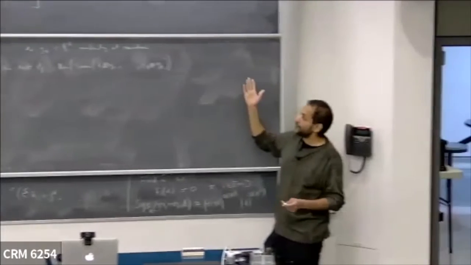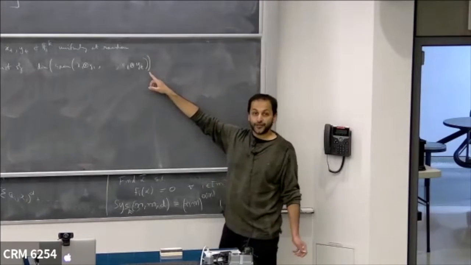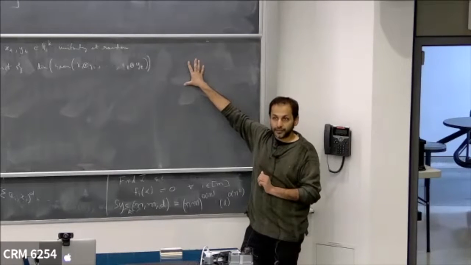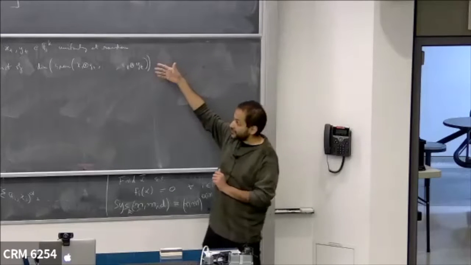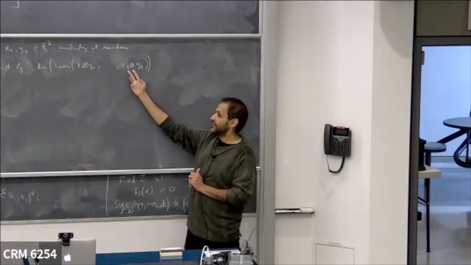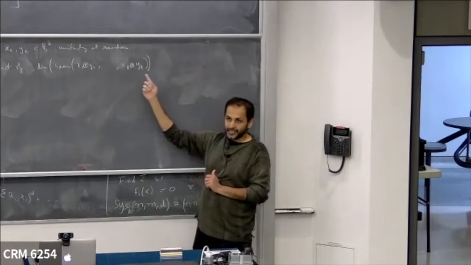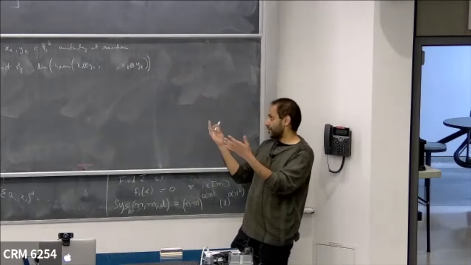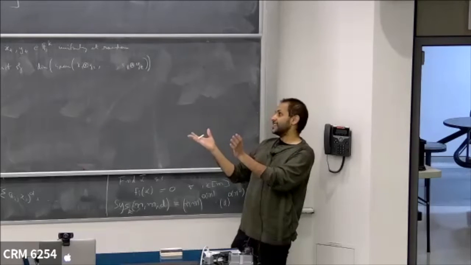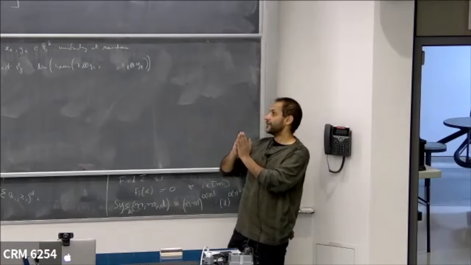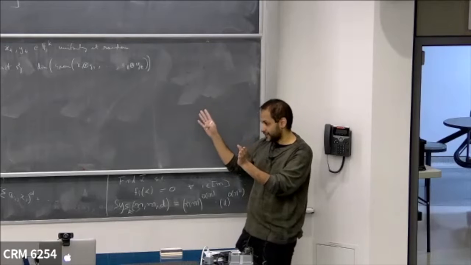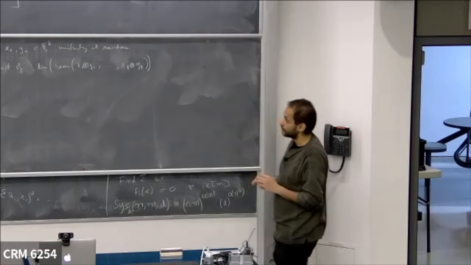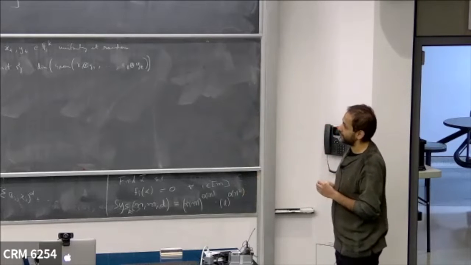I'm hoping to be able to give a good answer to this for t going as large as omega k square. The space of all this is the space of k by k matrices, and the statement I want to show is that very likely the span of x1 tensor y1 all the way up to xt tensor yt has rank very close to t, or has a dimension very close to t.